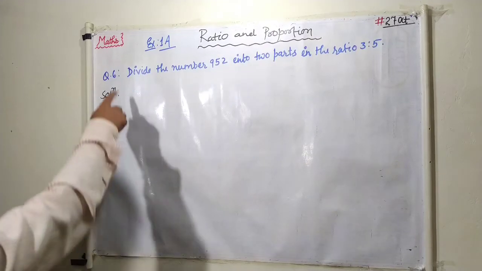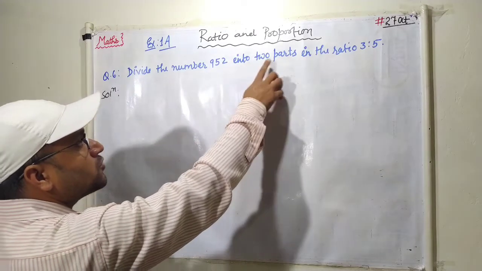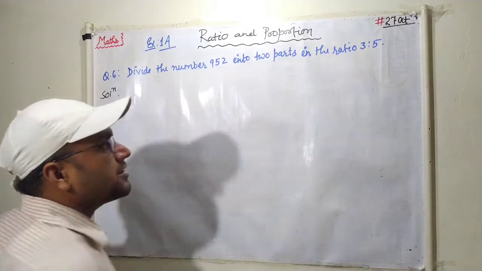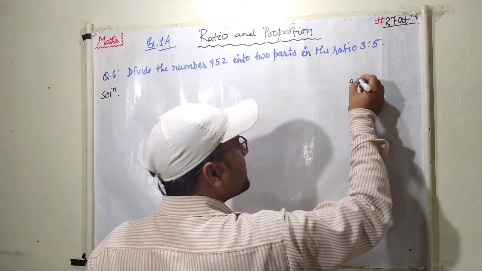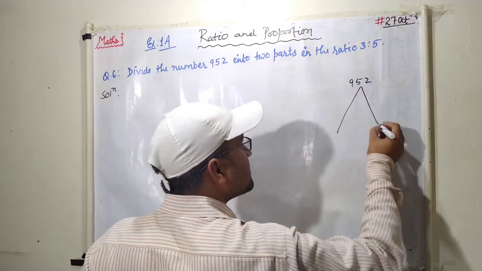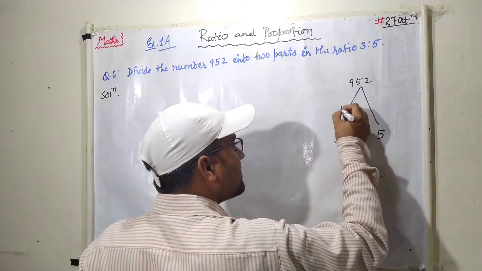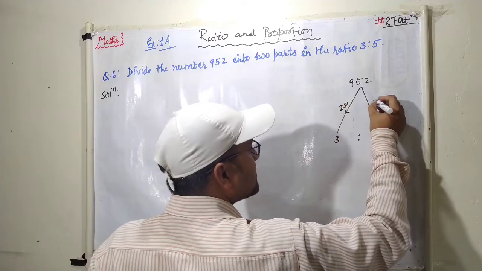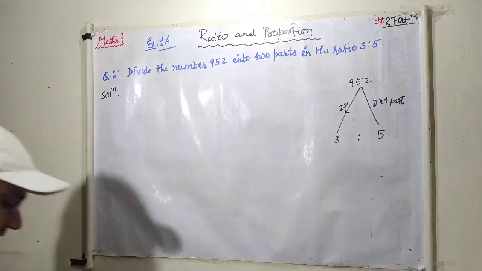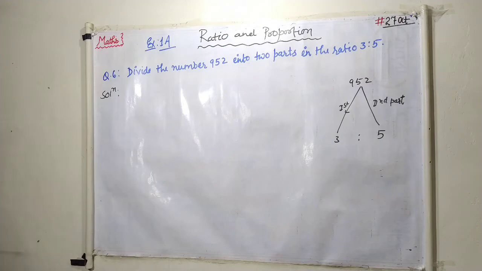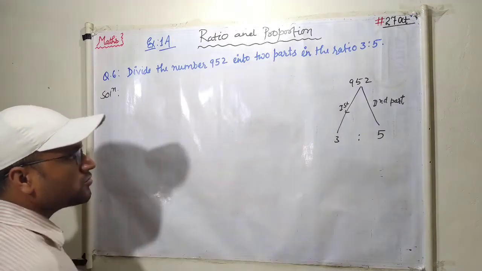Question number 6, students. Divide the number 952 into 2 parts in the ratio 3:5. Find the value of the first part and the second part. Very easy, students. Total number is this one and it is divided into 2 parts.